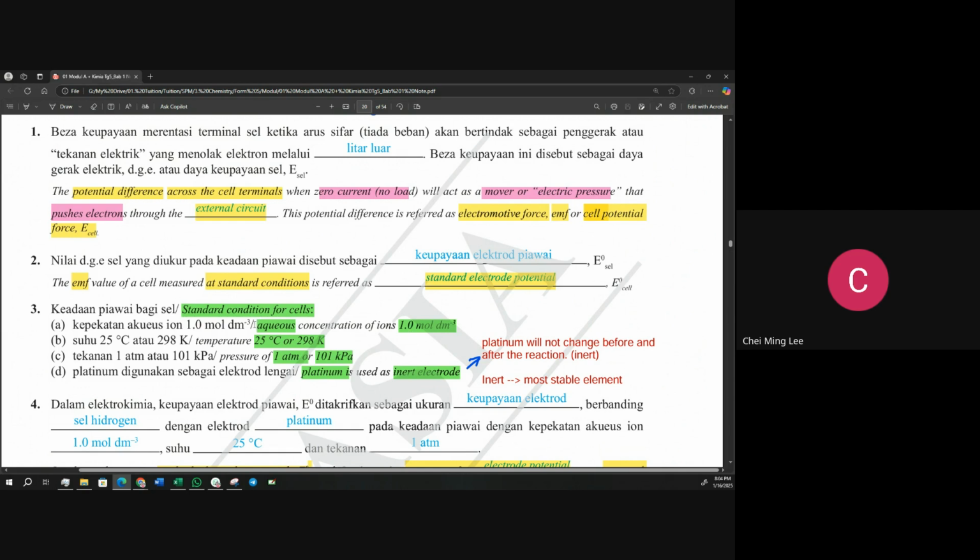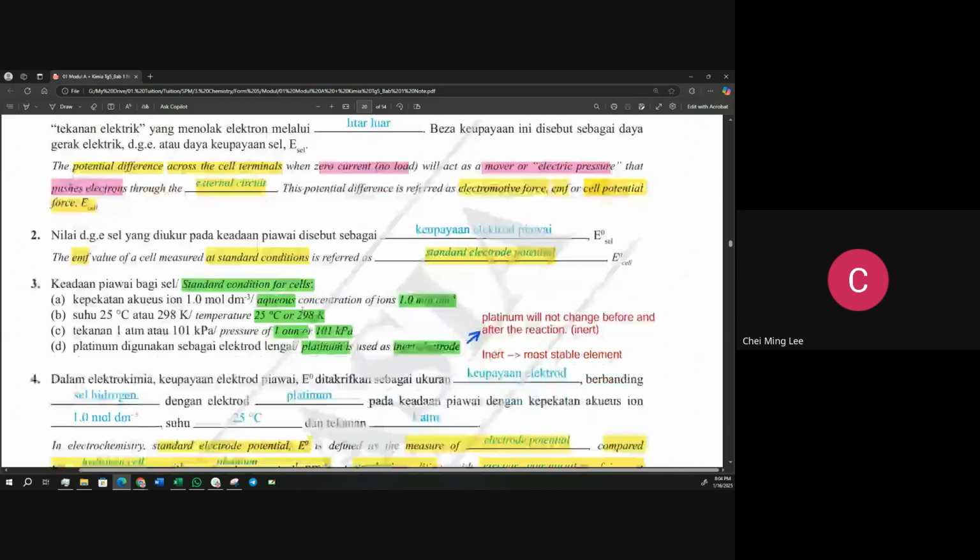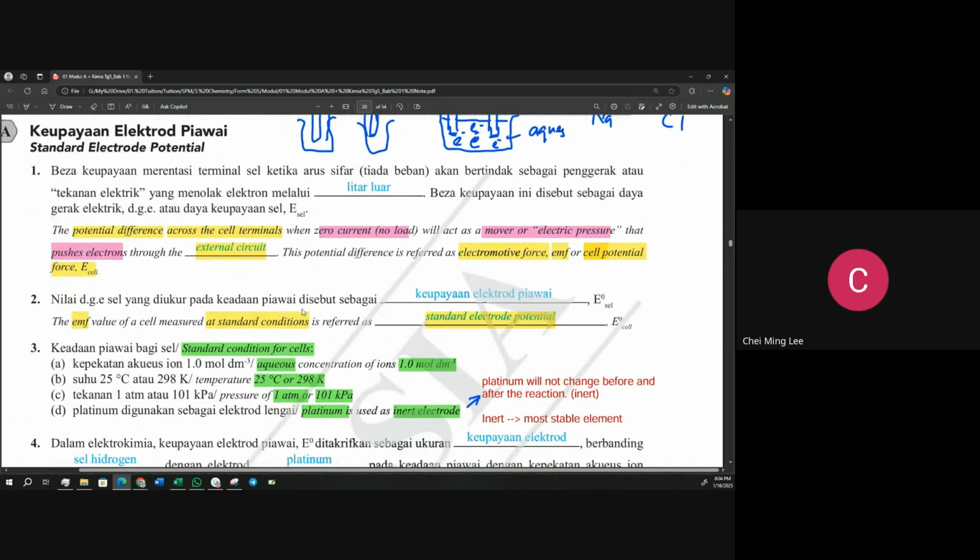So the standard condition for this cell is that the aqueous concentration of ion must be 1.0 mole per dm cube. The temperature is 25 degrees Celsius, which we call room temperature, or 298 Kelvin.